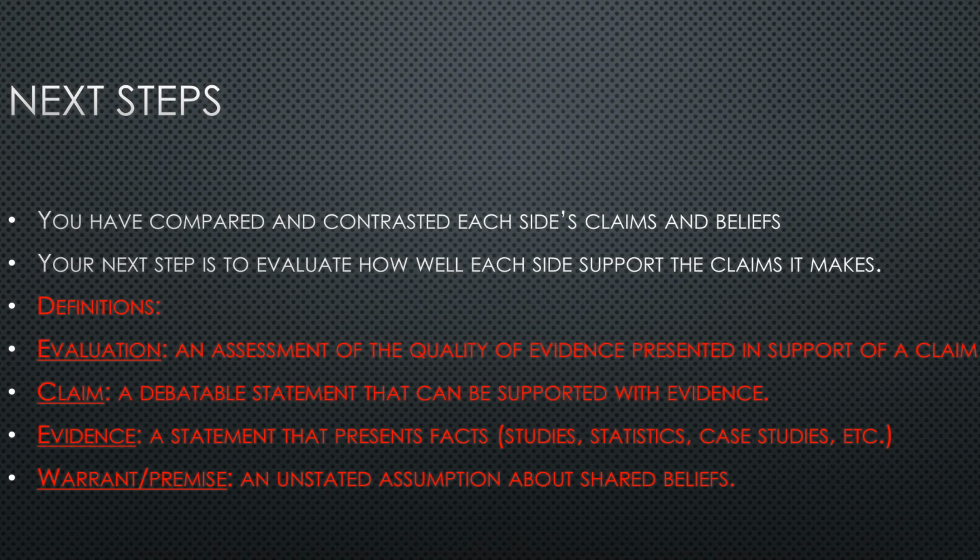Your next step is to evaluate how well each side supports the claim it makes. So in order to understand how to approach the analysis part, we have to get a clear understanding of some key terms: evaluation, claim, evidence, warrant, and premise.